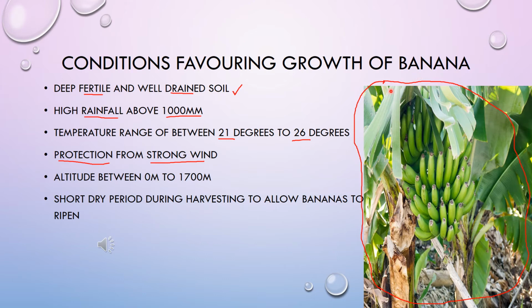The stems of these plants are always very weak, and that's why they have to be supported. If the stem is not supported, it has to be protected from strong winds by being intercropped with trees, what we call agroforestry, agriculture together with afforestation.